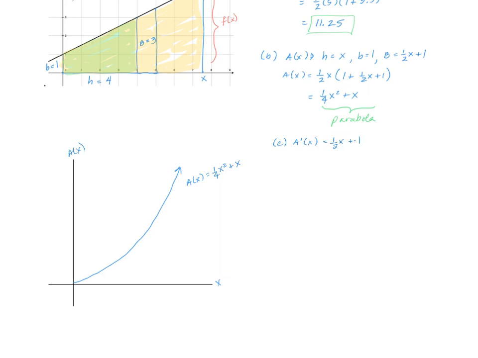Something you should notice is that this is the same as f of x. And that's actually kind of important. If you go back to when we first talked about antiderivatives, remember that the derivative of a function is called its antiderivative.